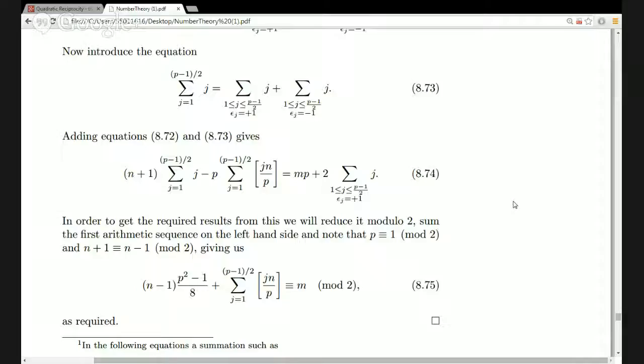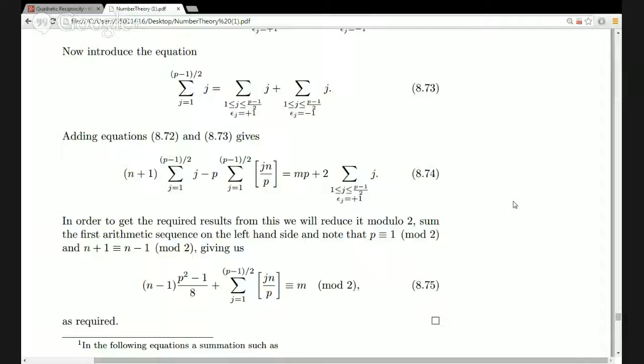And this is summing these integer parts. So you have to work out what j times n is, divided by p, and find the largest integer smaller than that. It's a straightforward calculation. This is all integers on the left-hand side, so you add them all up, and you know whether it's 0 or 1 modulo 2. So you know whether or not n is going to be a quadratic residue or not.